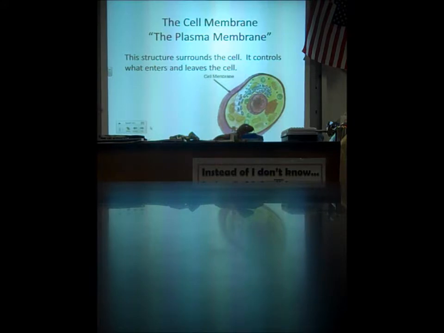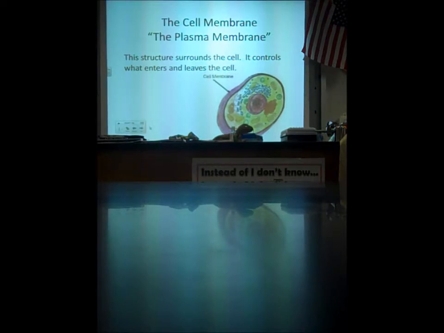Okay, structure and function. This structure surrounds the cell. It controls what enters and leaves the cell. And guys, sometimes it's easier to identify the function because it's an action verb. It's a job. Y'all know action verbs, right? So in these 2 sentences, what is the action verb?